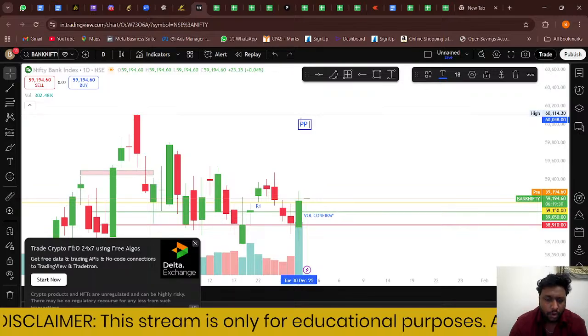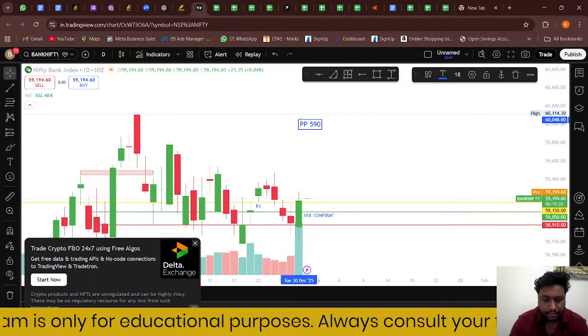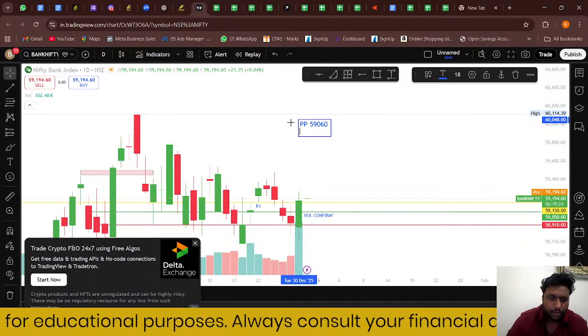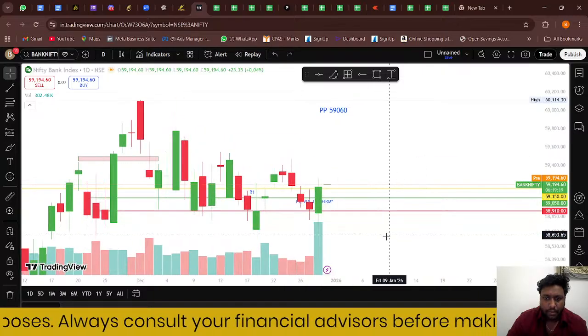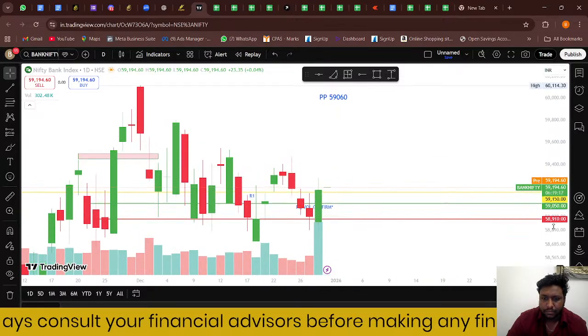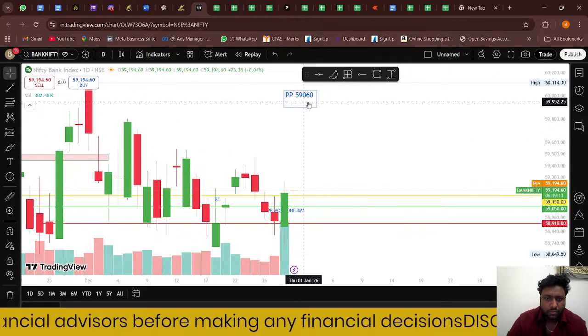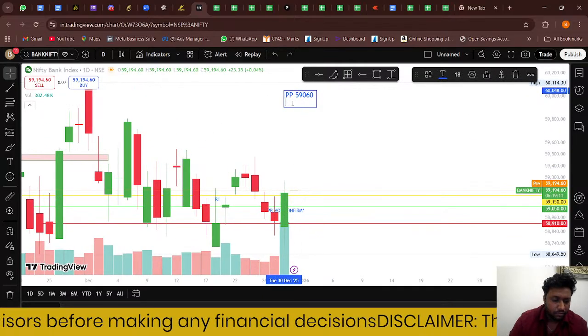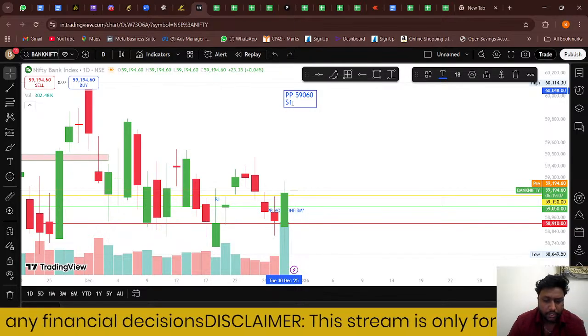On pivot point with respect to Bank Nifty, it is 59,060. This will be Bank Nifty's pivot point. With respect to the support part, S1 is at 58,850.